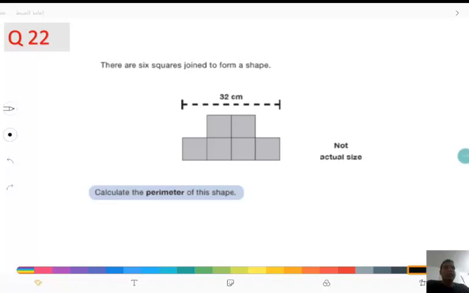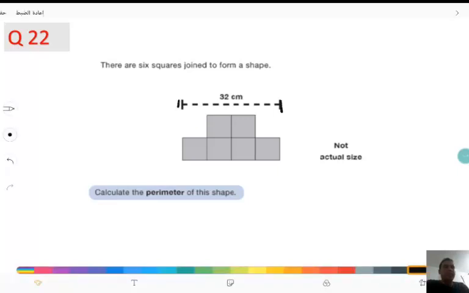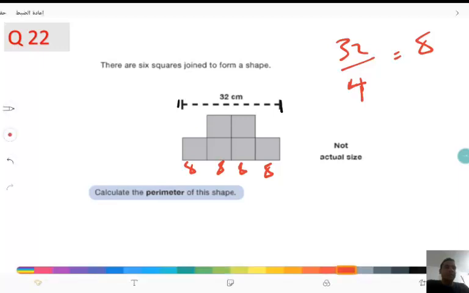There are 6 squares joined to form a shape. The distance is 32 centimeter from here to here. Then 32 divided by 4 sections is 8, so each side is 8 centimeter.